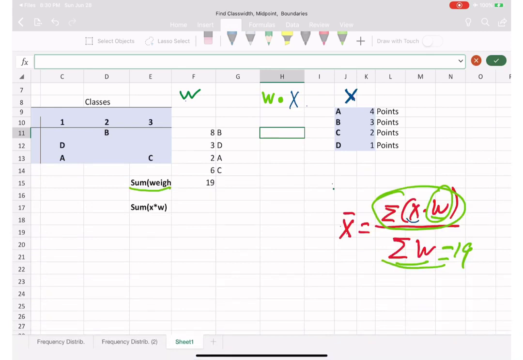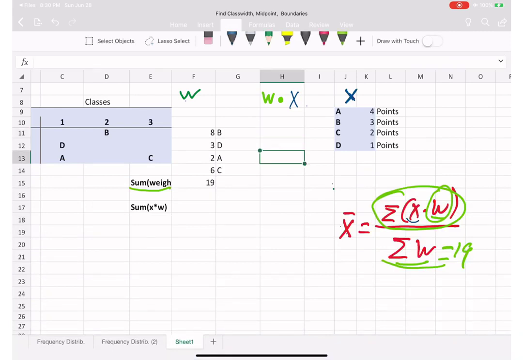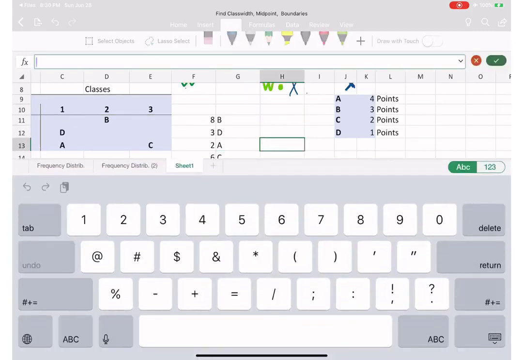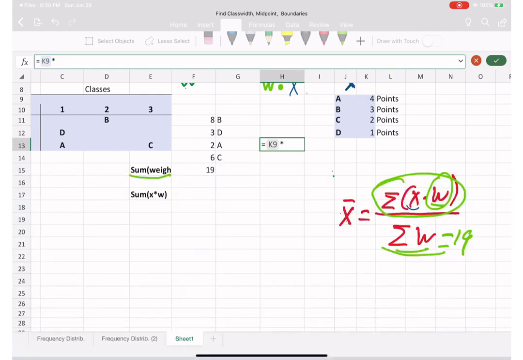So for A, I'm going to write down here because my A is here, right? I'm going to write down right there. So equal sign. So A is 4 and I'm multiplying by, how much is this? 2. Okay.